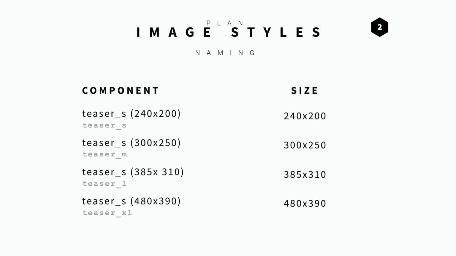Another thing that you have to take into account is the naming that you're going to use for your images. There are mainly 2 standard namings that people use, but you know everyone can use whatever they want.